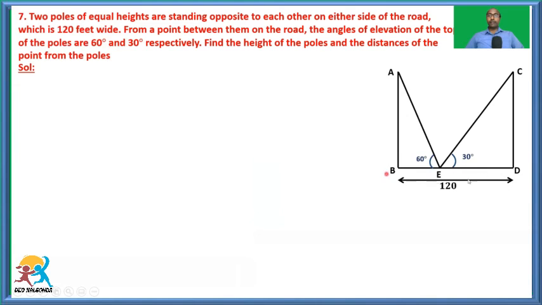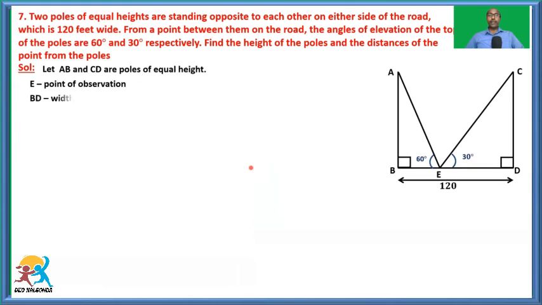And the width of the road is 120 feet. Now, let AB and CD be poles of equal height. E is the point of observation. BD is the width of the road. Given angle AEB is equal to 60 degrees, angle CED is equal to 30 degrees.